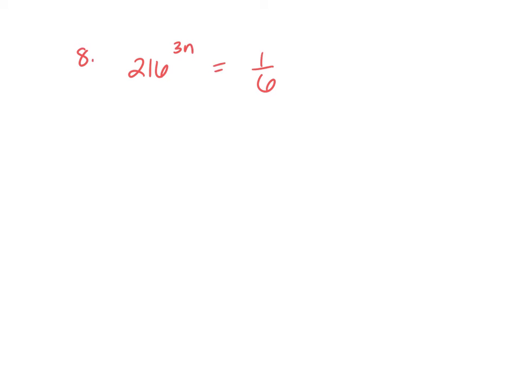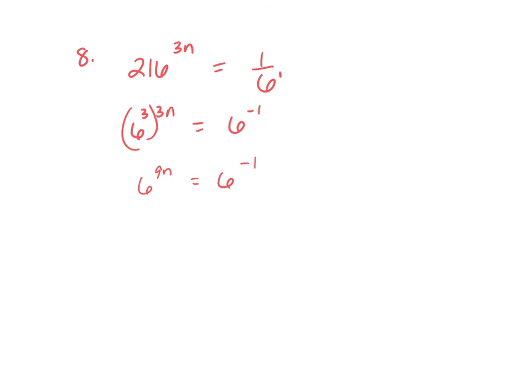All right, so here the 216, you have your list. It's 6 cubed, right? And 1 over 6, this is a 1. To move it upstairs, it's 6 to the negative 1. So the left side turns into 6 to the 9n equals 6 to the negative 1. Any questions on that? So are we ready to move in for the kill?